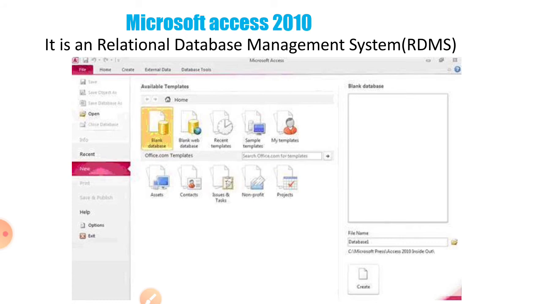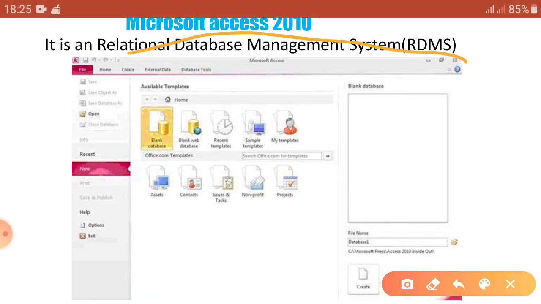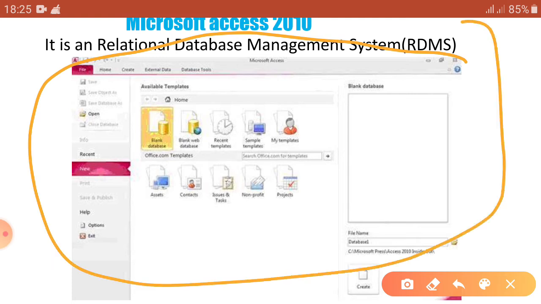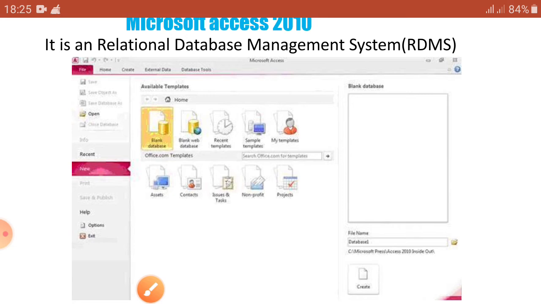Okay, so this is the screen of the DBMS, that is, here it is Microsoft Access 2010. If you want to start MS Access 2010, we have to follow some steps. At first we click on Start, then All Programs, then Microsoft Office, then Microsoft Access 2010.